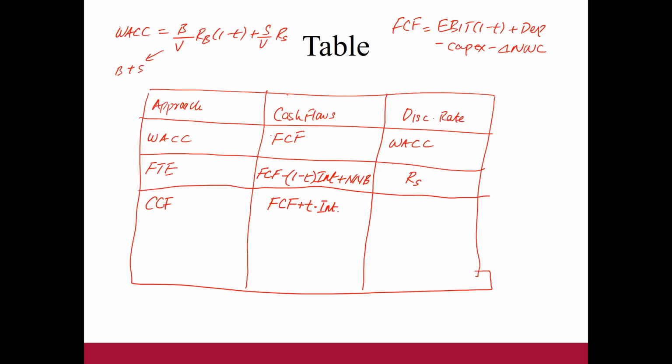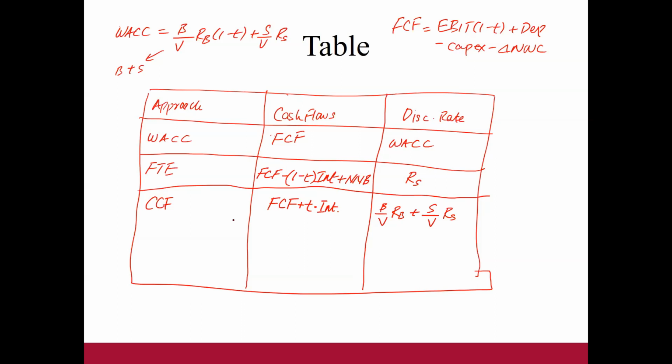Now, because you are accounting for your tax shields in your measure of cash flows, the discount rate you use is simply B over V into RB plus S over V into cost of equity. In other words, you don't have 1 minus T appearing anymore because the tax shield effect is already captured in your cash flow measure. So again, cash flows must be consistent with the discount rate.